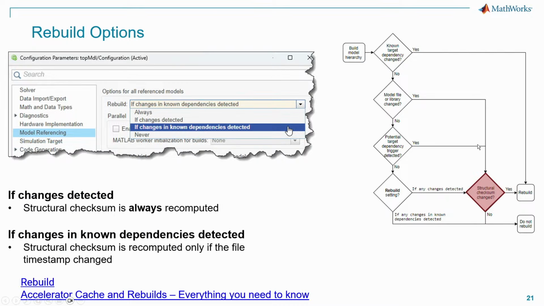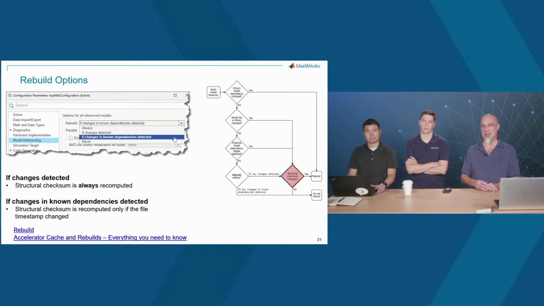I like to resume the key takeaway from this diagram: if you pick if changes are detected, every time you click play, we will recompute this checksum to be 100% sure that we will rebuild if it needs to. With the option, if changes in known dependencies are detected, we're going to first look at the timestamp of the cache file. If the timestamp is consistent with the model, we're not going to do the checksum and we'll immediately use the precompiled artifact.